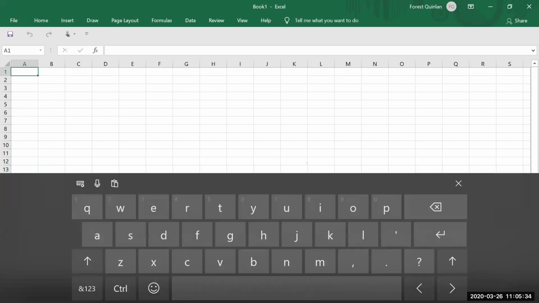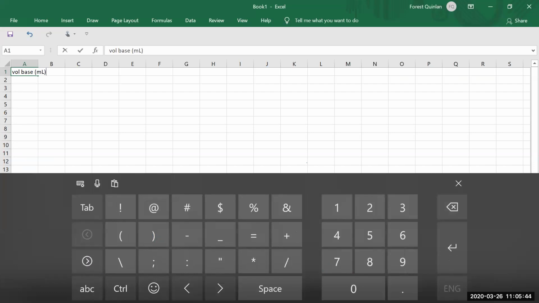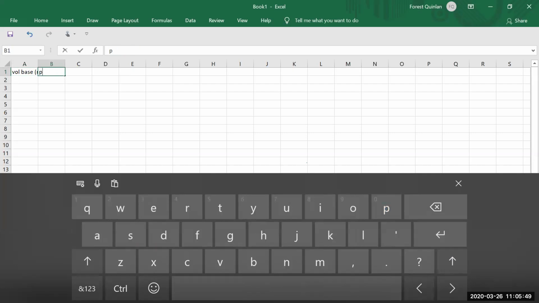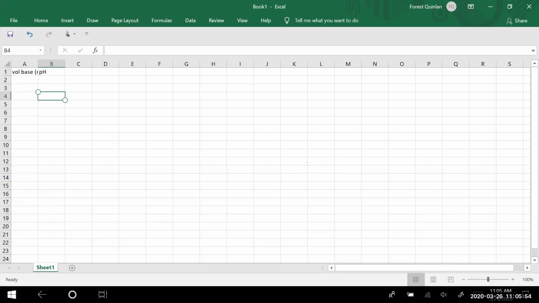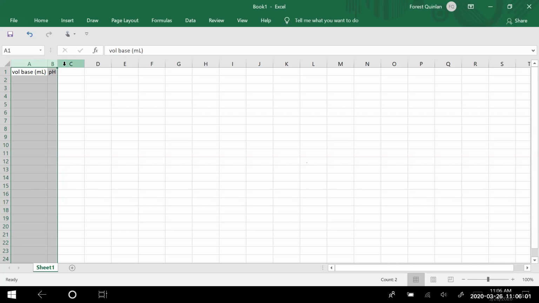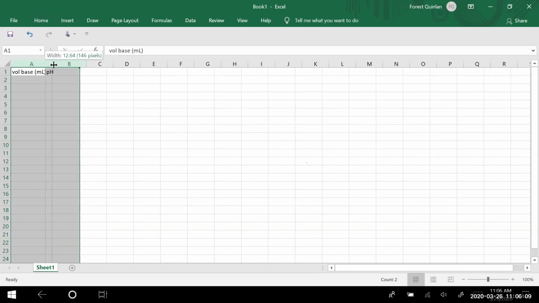So if I do this, let's go volume base in, let's be clear, in mLs, and we'll do pH. I'll grab my handy dandy mouse because I remembered I had a mouse.